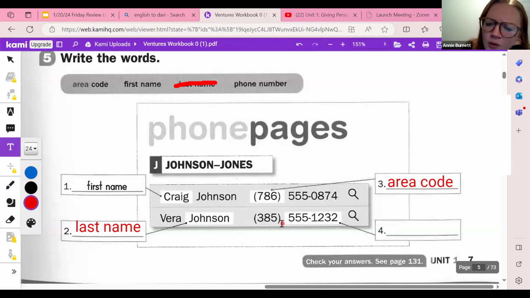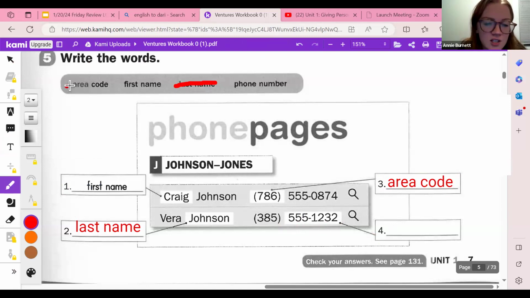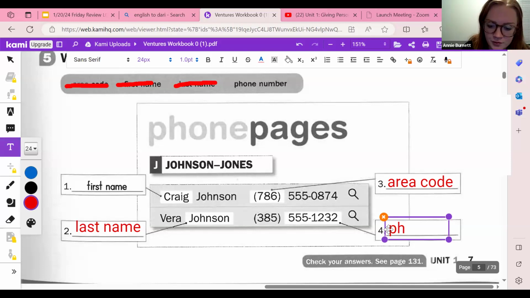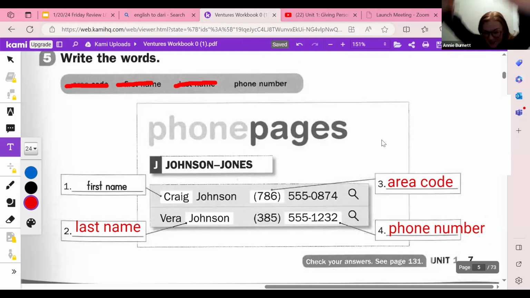Number 4. What is this? We only have one left because we finished area code, finished first name. So it's the, what does it say? Phone number. So here you write phone number. Okay.